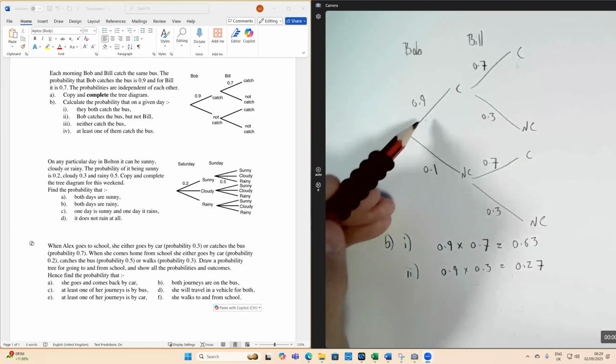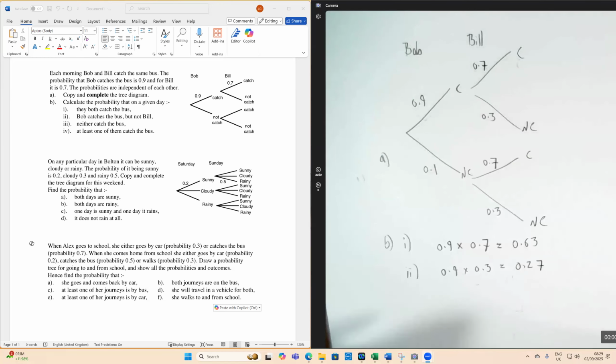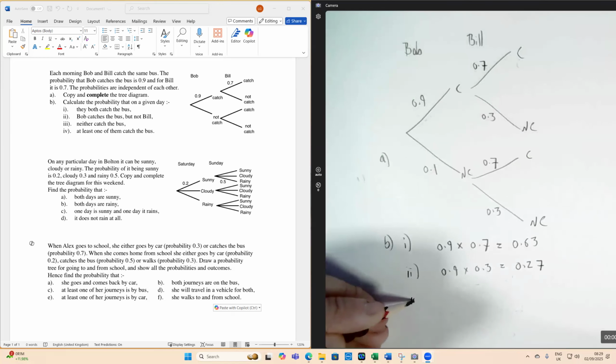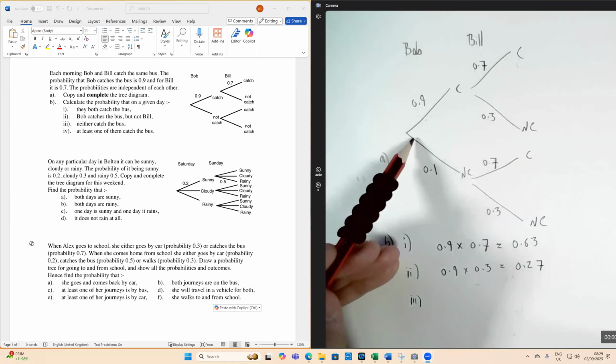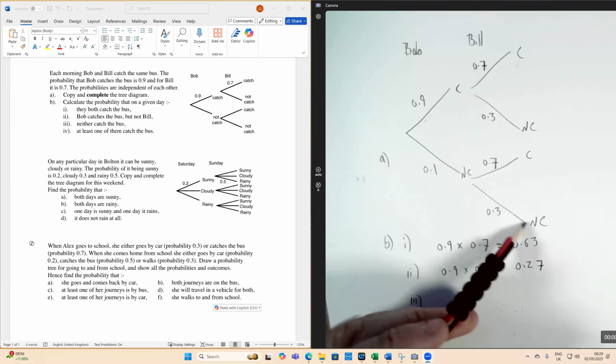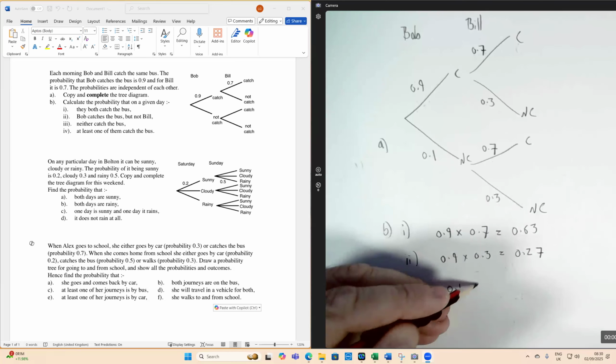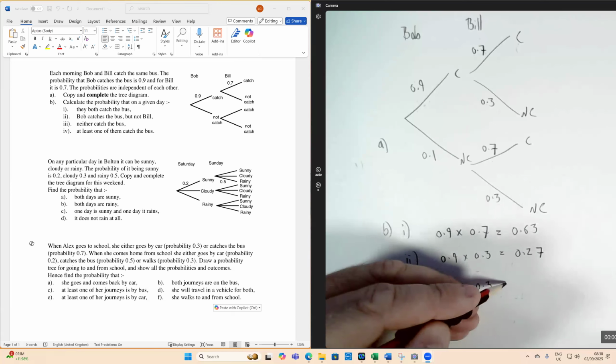Or we could say Bob catches it and Bill misses it, hence the times. Next one, 1, 2, 3. Neither of them catch the bus. So this is Bob does not catch the bus and Bill does not catch the bus. So this is 0.1 times 0.3, which is 0.03.